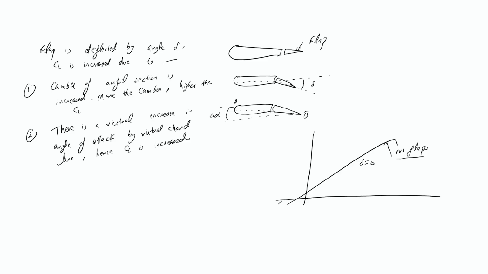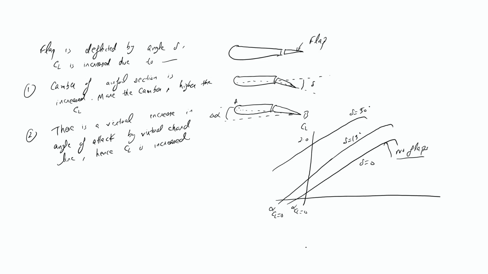Similarly, if there is a deflection in the flap, then delta equals, for example, 15 degrees and delta equals, for example, 50 degrees. So this is CL. There can be an increase in CL up to 2.0 as well. This is the alpha at which CL is 0.